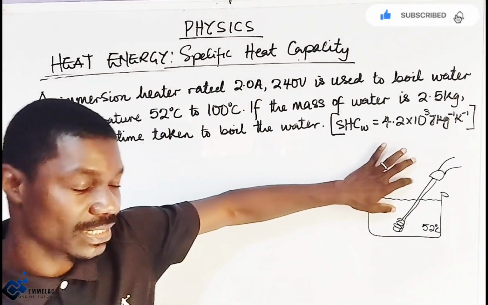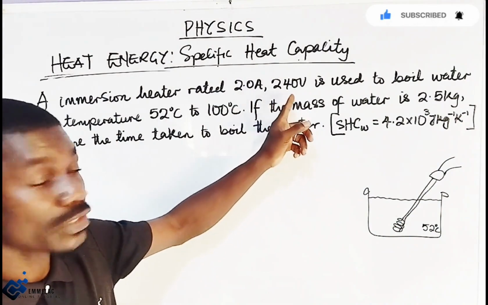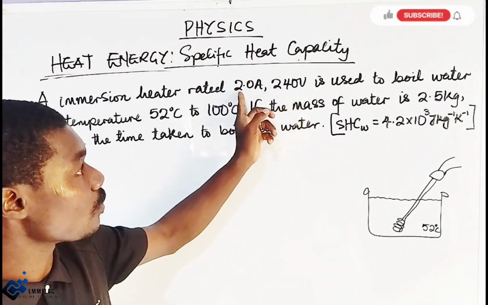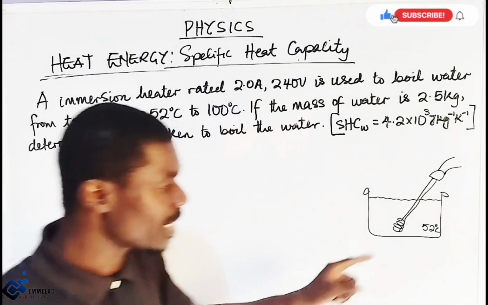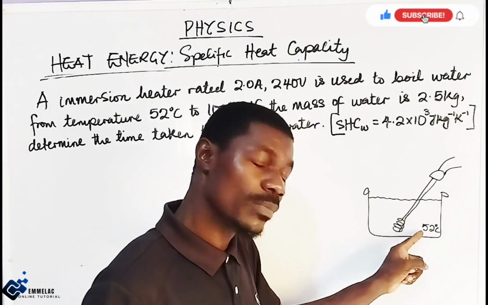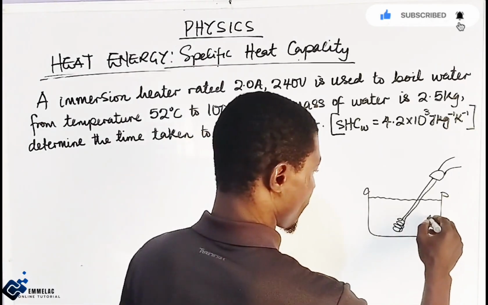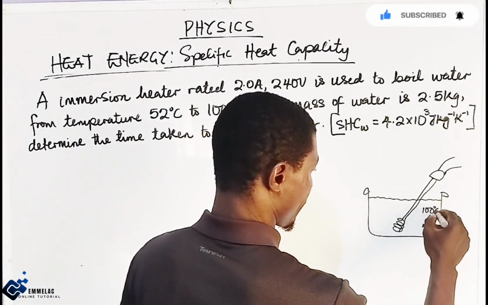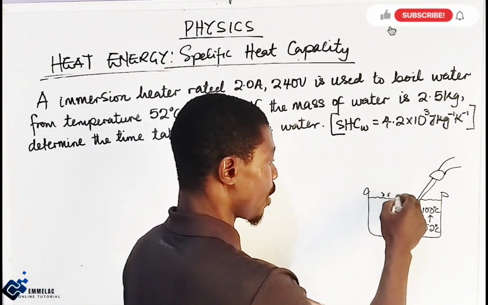As this heater is immersed and powered by 240 volts and a current of 2.0 amperes, the temperature increases from 52 to 100, which definitely makes it boil.